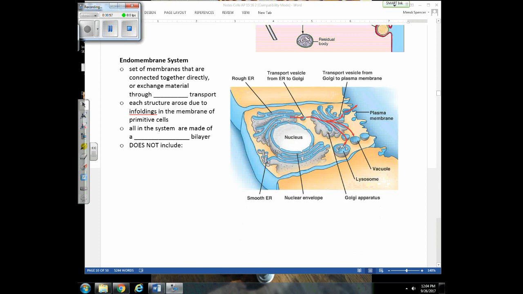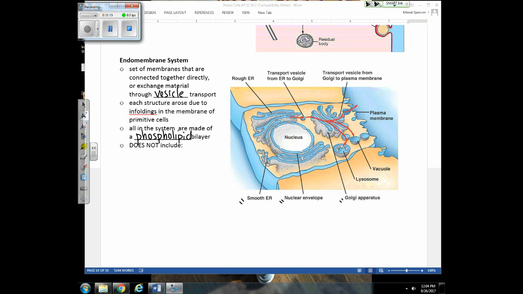We've already talked a little bit about the endomembrane system because we know there are organelles, like these listed here, that are part of what's called the endomembrane system. And what we mean by that is they are all made of a phospholipid bilayer. And because of this, they can exchange materials through vesicle transport.